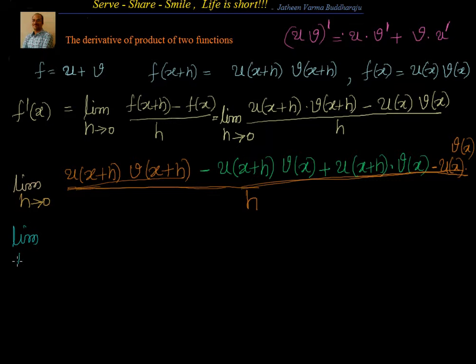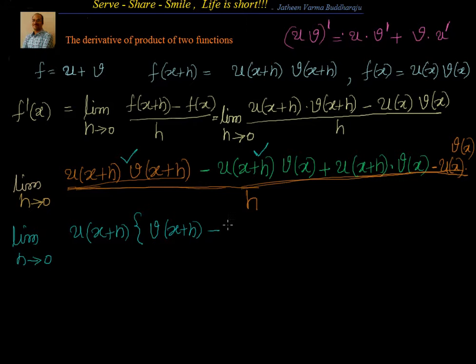limit of h tends to 0. Now we will take common here. We will say u of x plus h, I will take it common. So I am left with v of x plus h, that is, this term is over, where I have u of x plus h here.